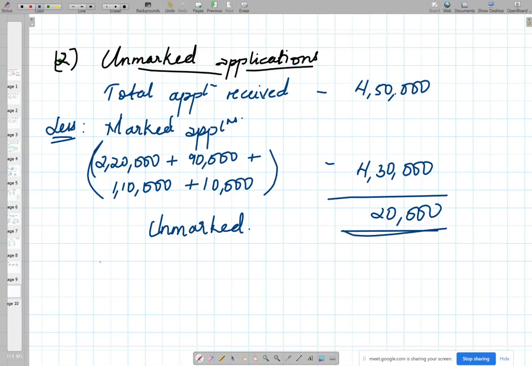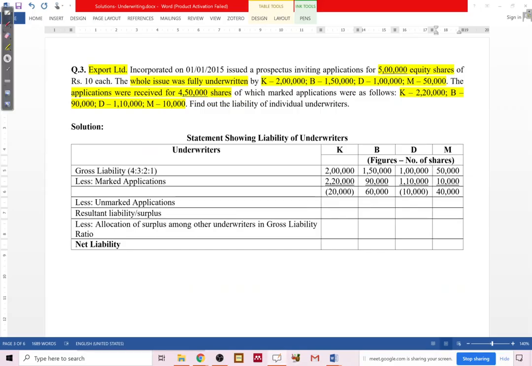And what do we do with unmarked applications? Now we need to divide them between all of these four underwriters, okay. Even if they were directly received by the company, does not matter. We consider that these applications are sold. So you cannot give the liability of those applications to the underwriters.